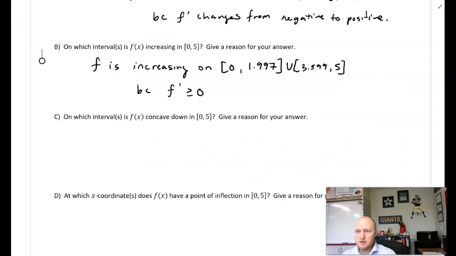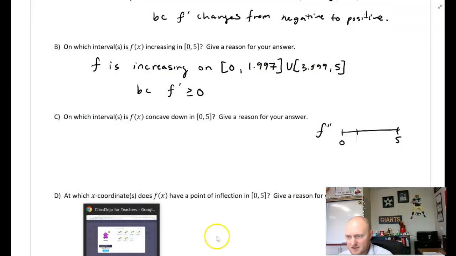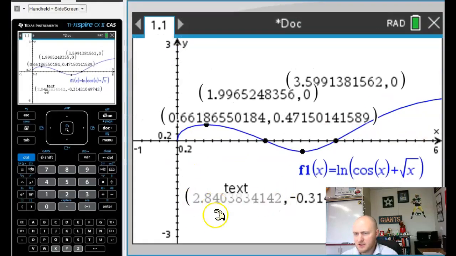So again, I can make an f double prime number line this time, 0 to 5, and our first f double prime equals 0 value was a maximum at 0.661, and then our other one was 2.840.